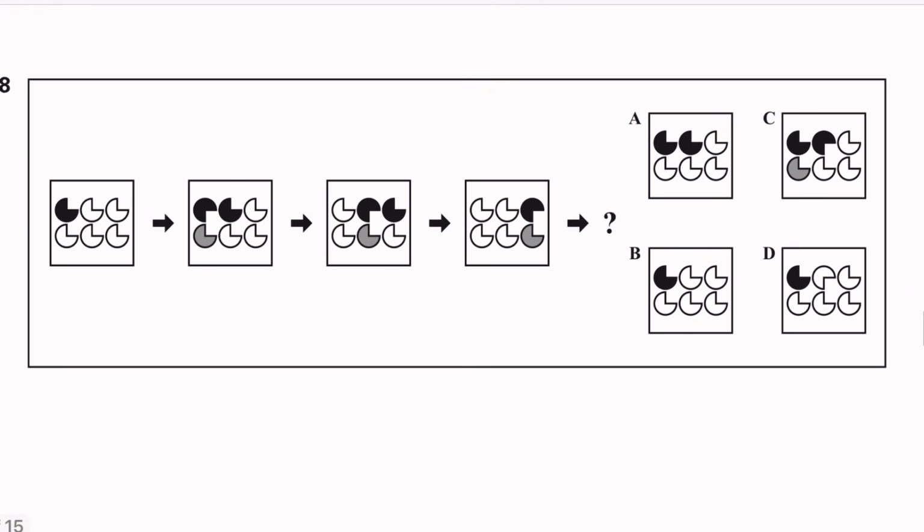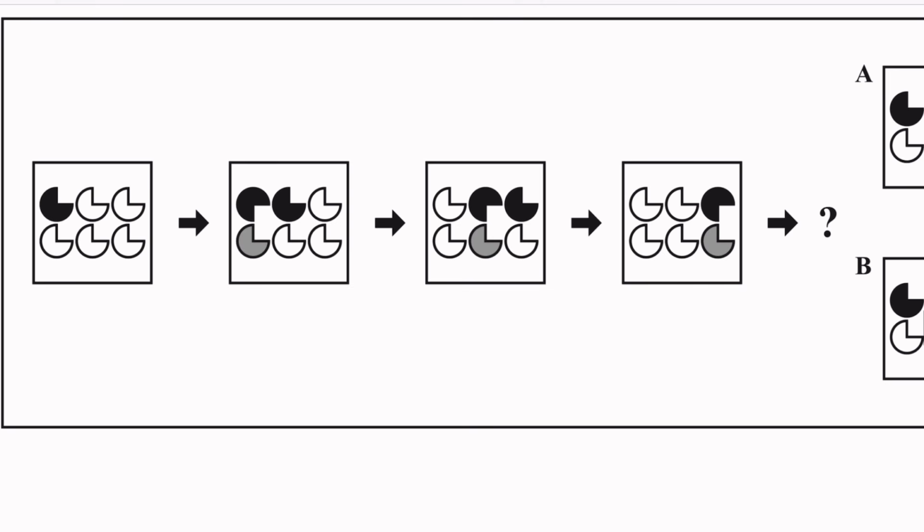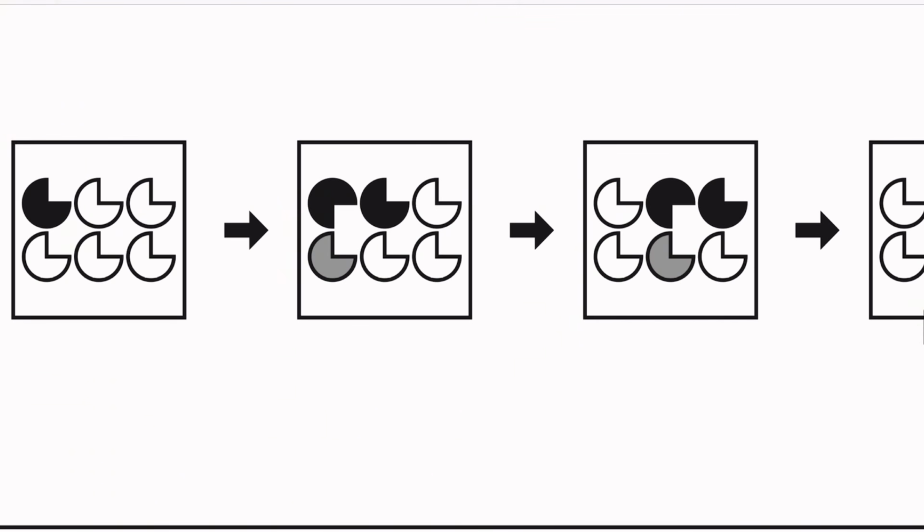Question 18. So here it's involving these three-quarter circles. So initially it shades one three-quarter circle, and then the second three-quarter circle in that row is shaded. But what else do you notice happens? Is this the same as that? No, it's not.